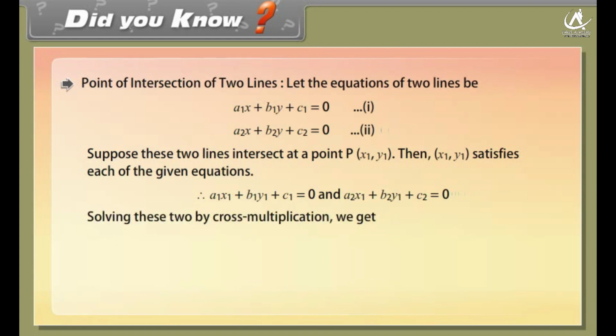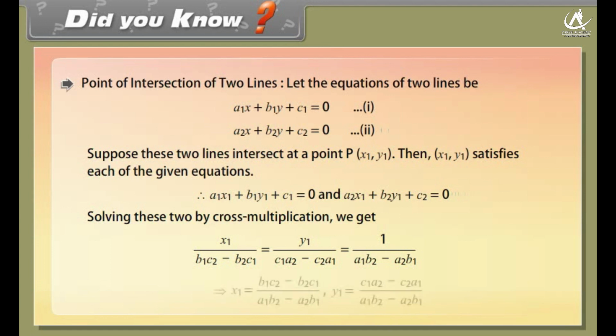Solving these two by cross multiplication, we get x1/(b1c2 - b2c1) = y1/(c1a2 - c2a1) = 1/(a1b2 - a2b1). It implies x1 = (b1c2 - b2c1)/(a1b2 - a2b1), y1 = (c1a2 - c2a1)/(a1b2 - a2b1).